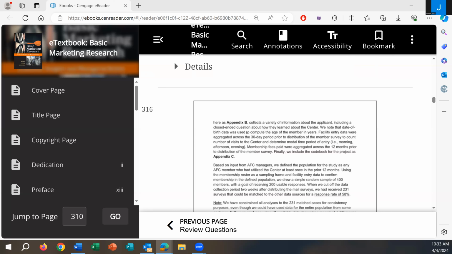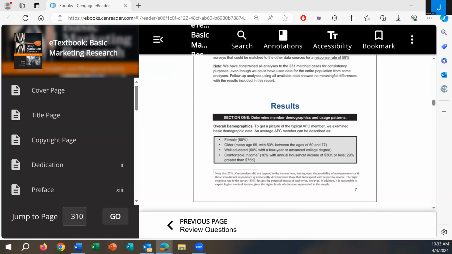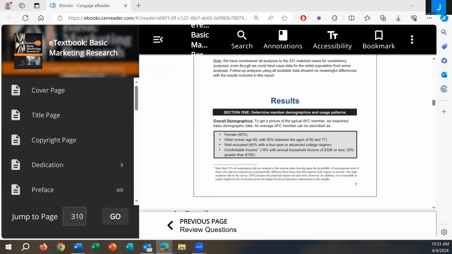And any other information as far as data, tables, any codes that you use to code the data so that you could use mathematical equations to come up with an analysis, that would all go in the appendix as well. And then they go into the results section. They talk about what they found to be the demographics, the people that were going into the fitness center.